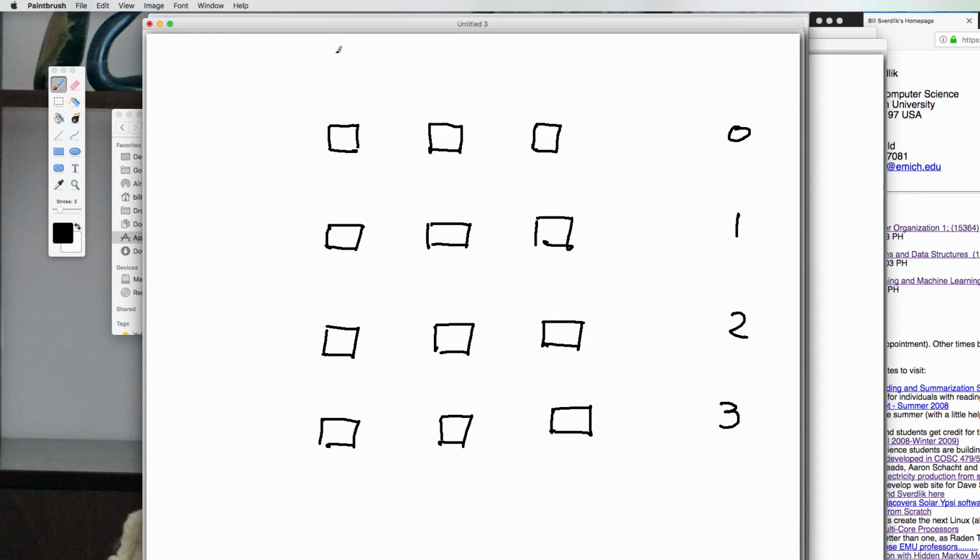Okay, and up here, we can imagine that there are 3 input lines. And again, this is our bus. So here is input 0. Here is input 1, here is input 2. Now over here, got a bunch of things going on.